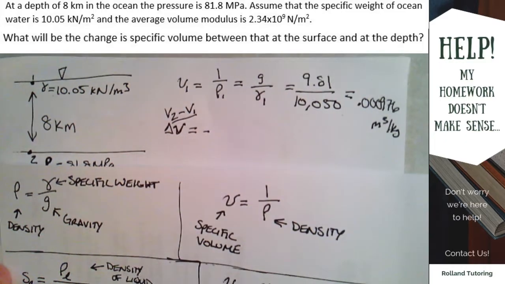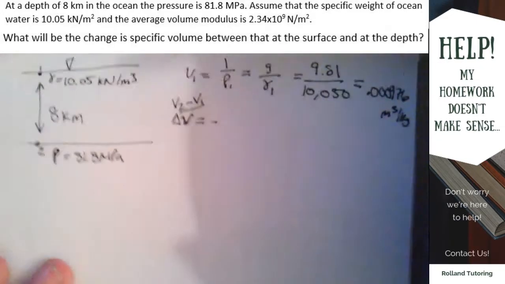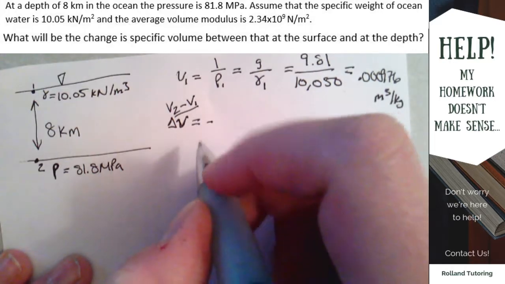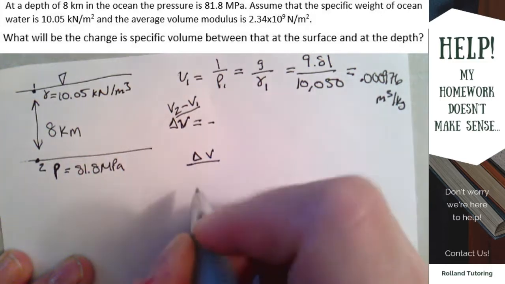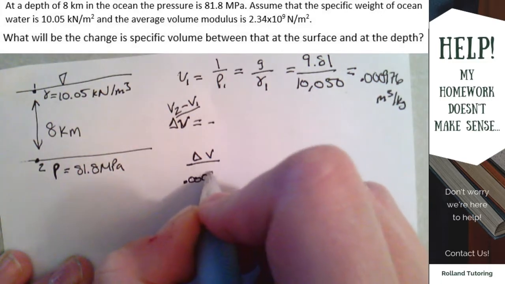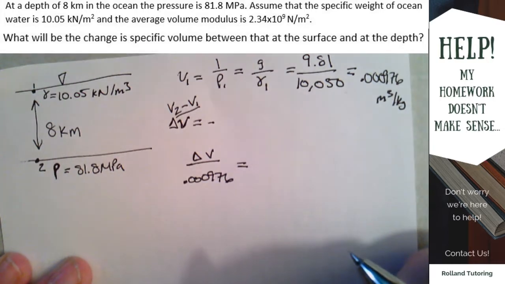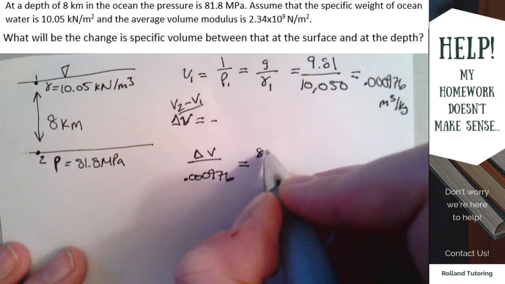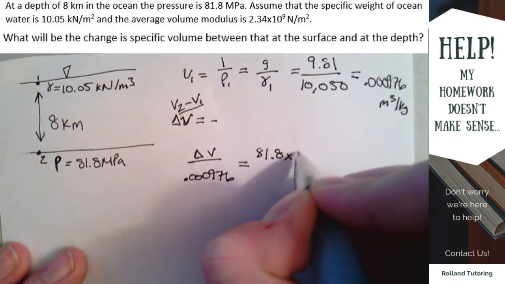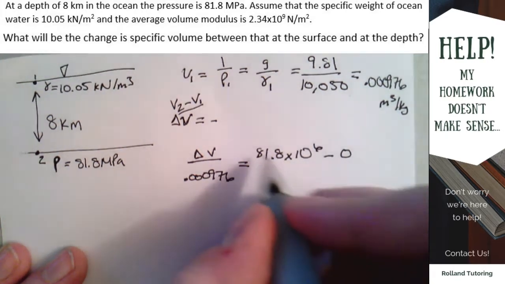If we plug into this equation down here, we still don't know our delta V, so we'd have delta V over 0.000976 equals our change in pressure, which is P2 minus P1, which we have 81.8 times 10 to the 6th minus 0 at the surface.